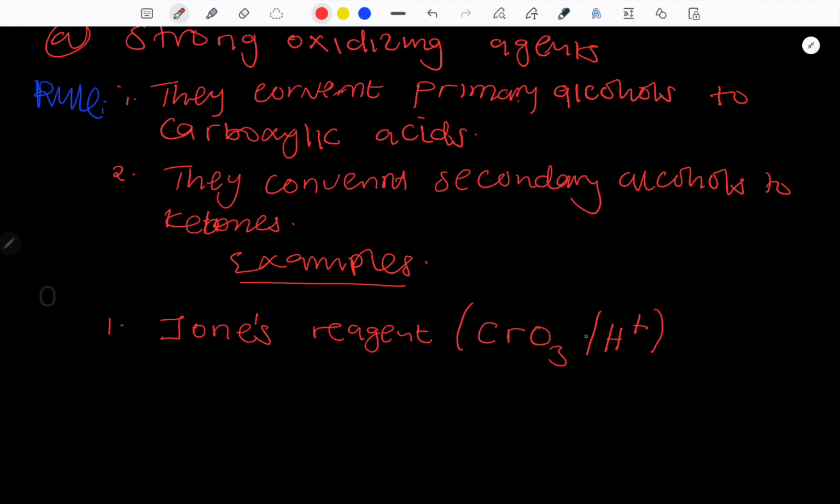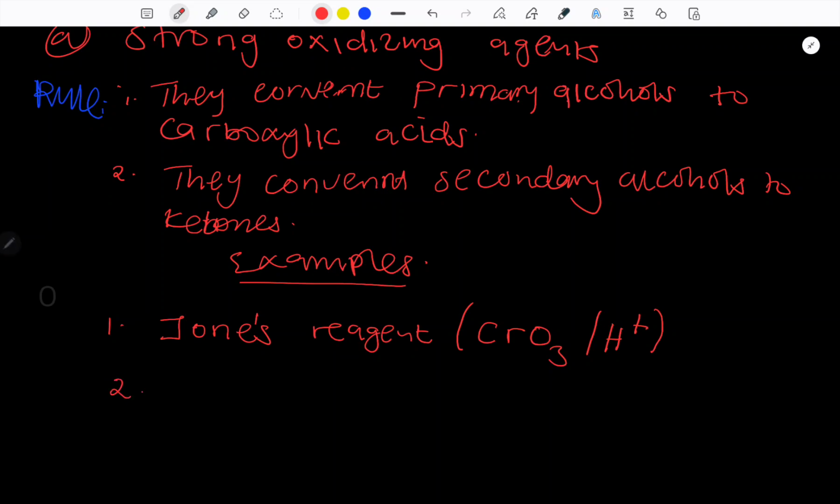When you just see this, you know that this is a strong oxidizing agent. When it is used to oxidize alcohols, it converts primary alcohols to carboxylic acids, or it converts secondary alcohols to ketones.